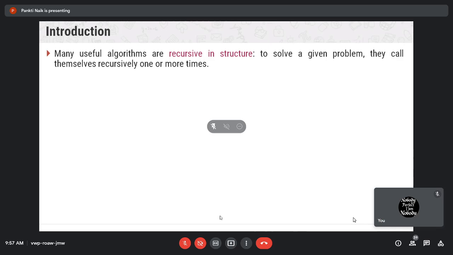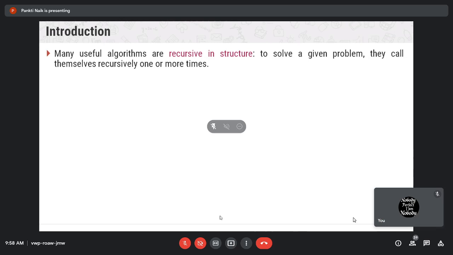Okay, so this is the introduction of divide and conquer, which I already discussed, that many useful algorithms are recursive in structure. Now who will tell me what is recursiveness or what is a recursive algorithm? Do you know what is a recursive algorithm? Calling itself.